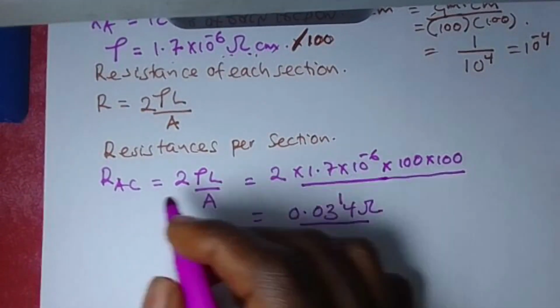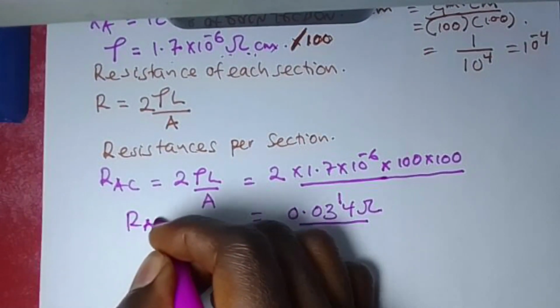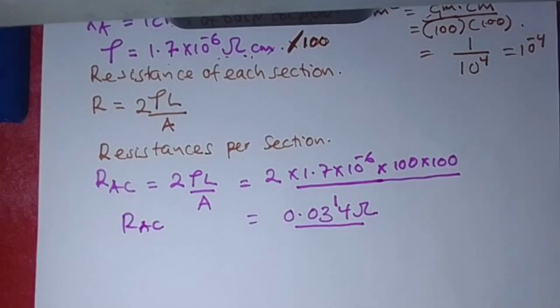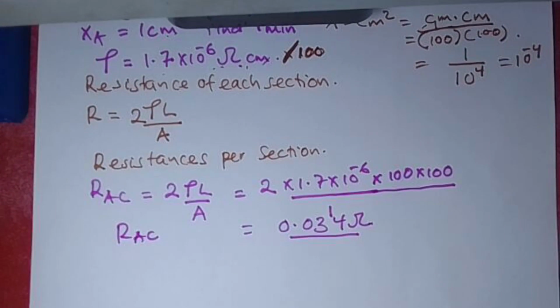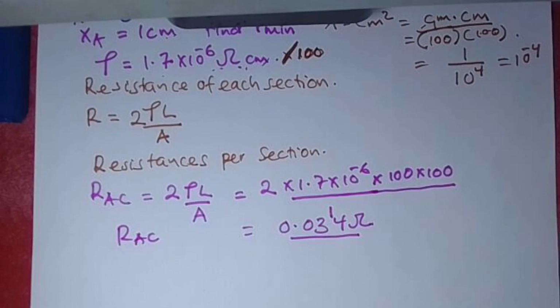So that is my resistance across section AC. RAC equals 0.03 ohms. We proceed and calculate for the resistance across the remaining sections like that. We can calculate it simply using that.